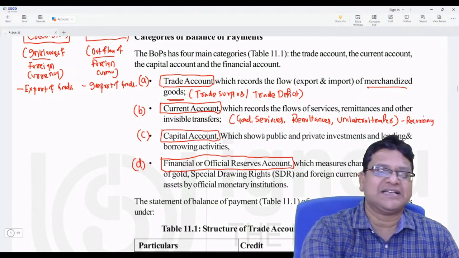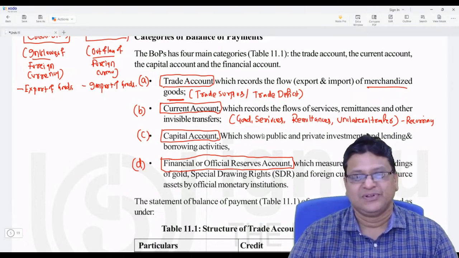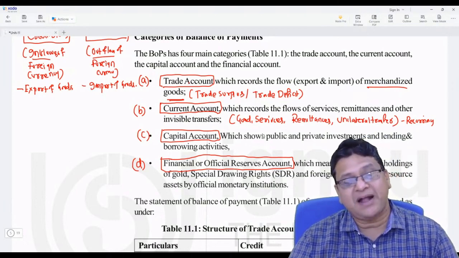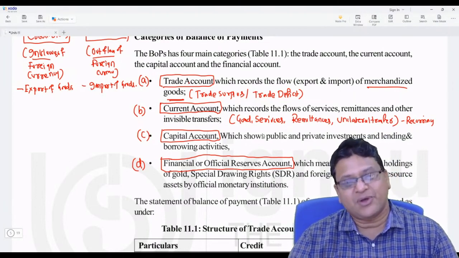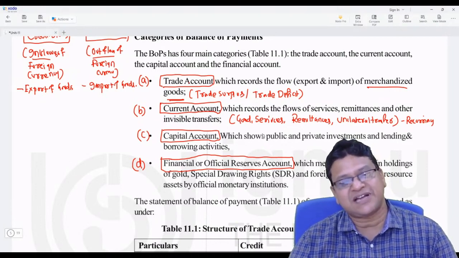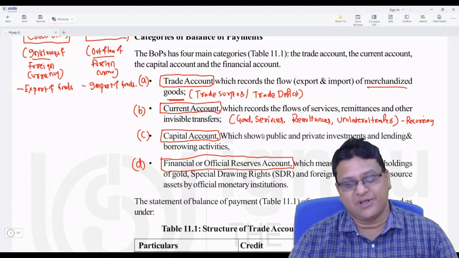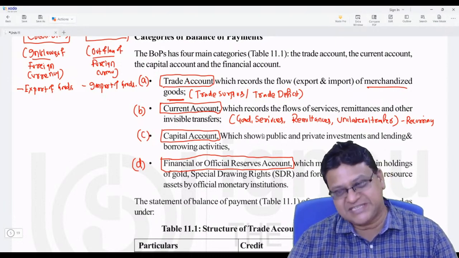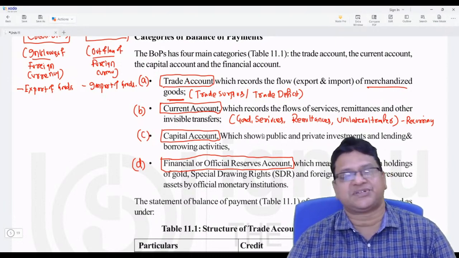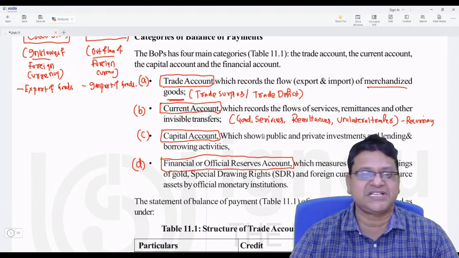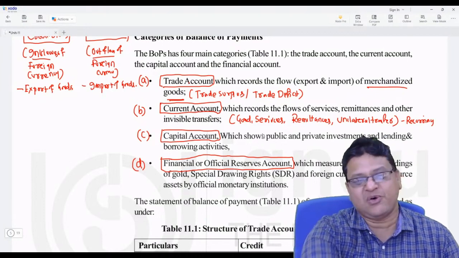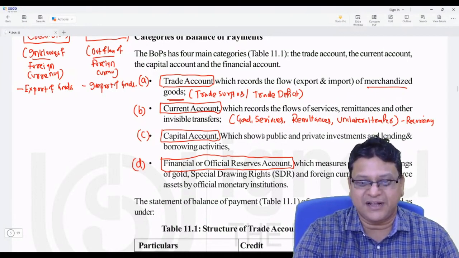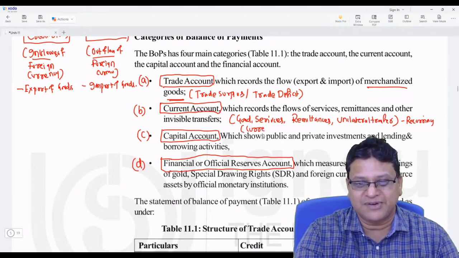So trade account is a part of current account. Current account records international trade of goods, services, remittances, unilateral transfers. In current account, we can have current account surplus or current account deficit.